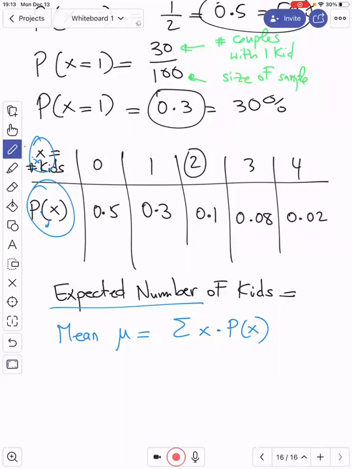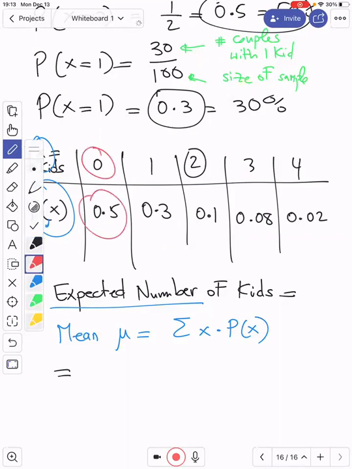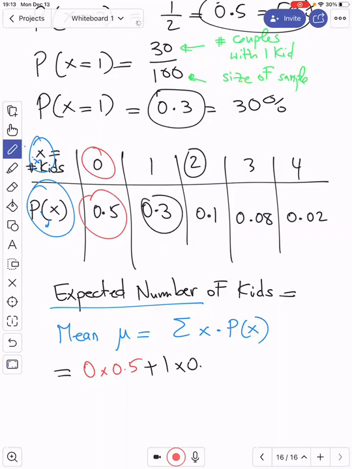So in this case, first x is 0. So that's 0 times 0.5 plus 1 times 0.3, 2 times 0.1, 3 times 0.08, and then 4 times 0.02.